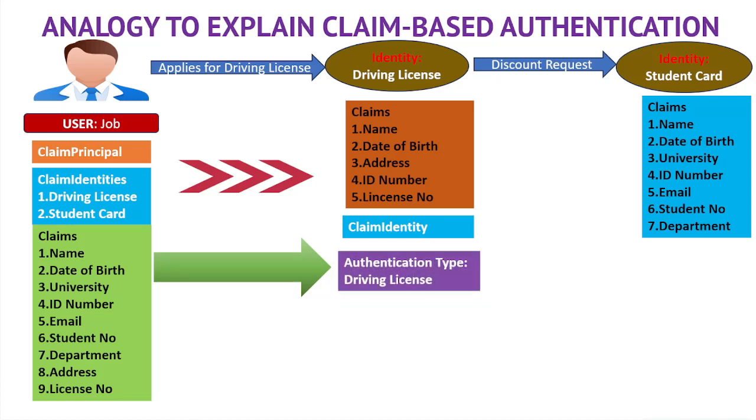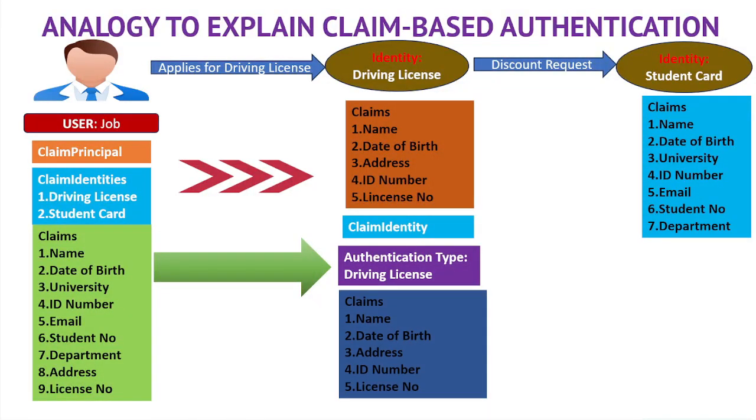And when we talk about authentication type, we'll use that driving license to validate Job when we are dealing with something else or even dealing with the applications. So within our driving license, we can get the information about Job. One is the name, the date of birth, the address, ID number, and even the license number.